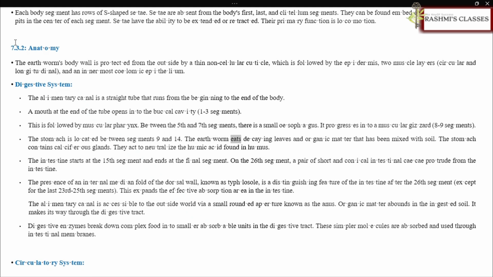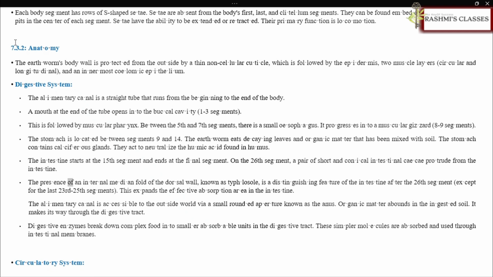The earthworm eats decaying leaves and organic matter that has been mixed with soil. The stomach contains calciferous glands. They act to neutralize the humic acid found in humus. The intestine starts at the 15th segment and ends at the final segment. On the 26th segment, a pair of short and conical intestinal caeca protrude from the intestine.